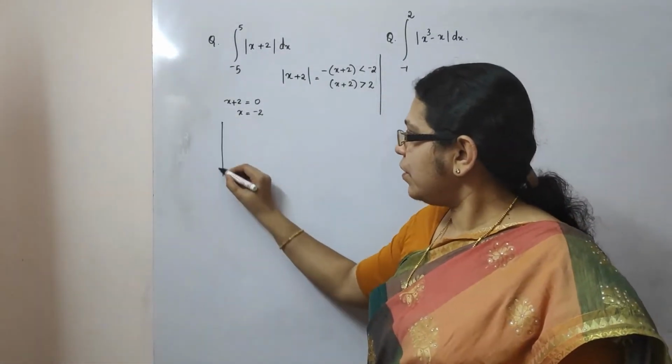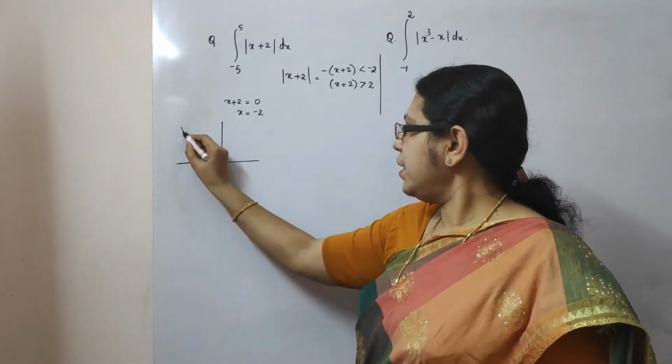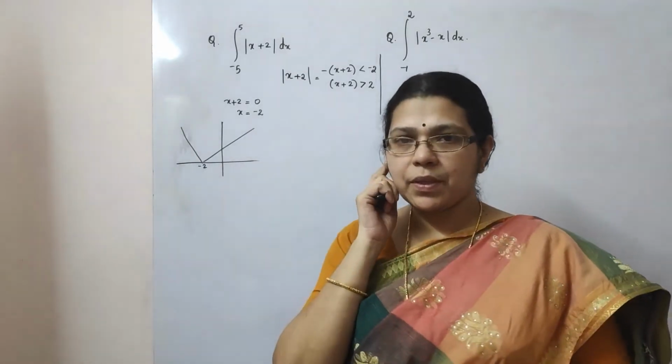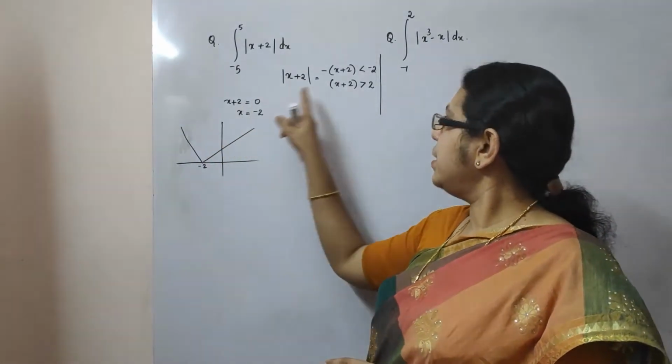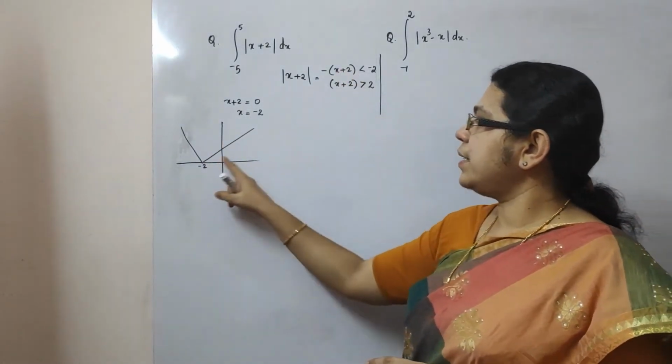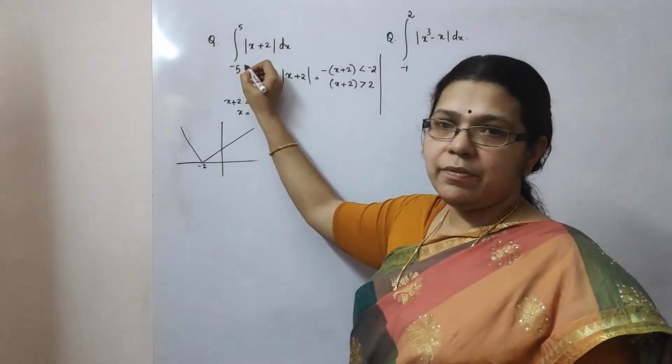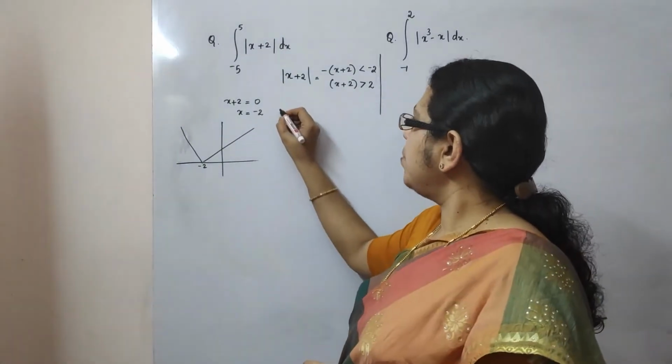That means when I draw the graph, the turning point is where x is equal to negative 2. This side I have minus of x plus 2, the other right hand side I have x plus 2. So this function which I have to integrate, I will split it.